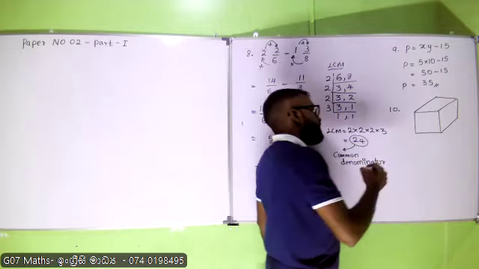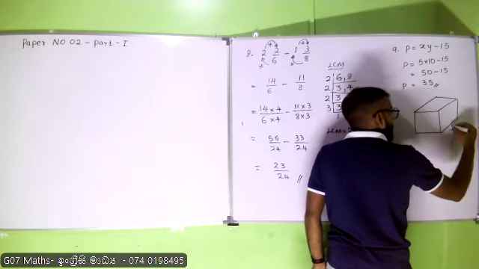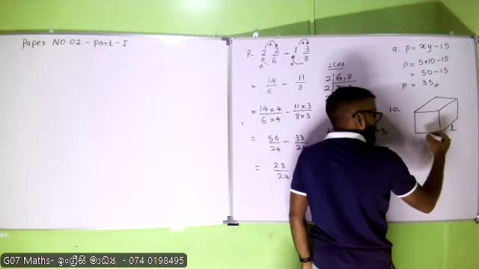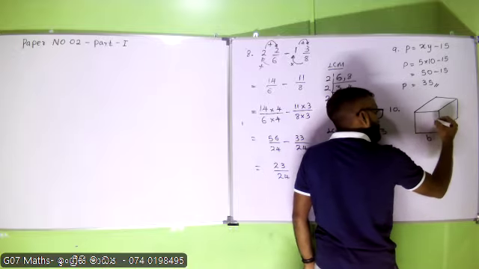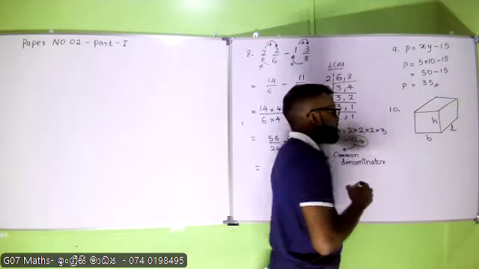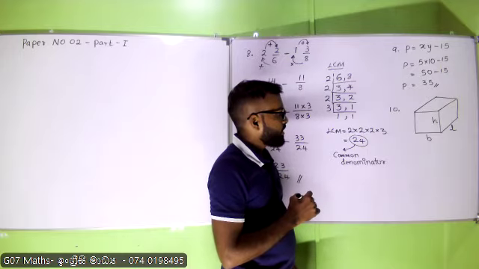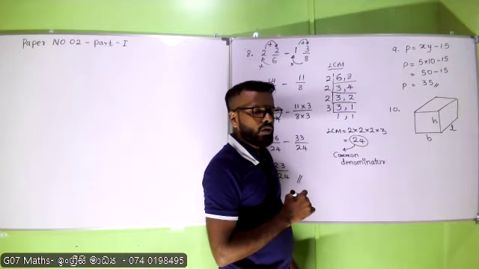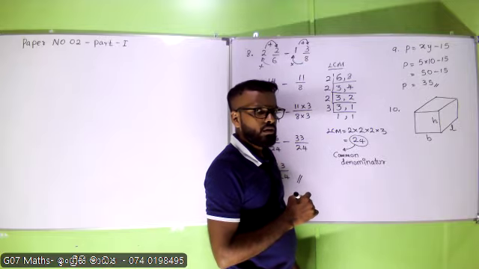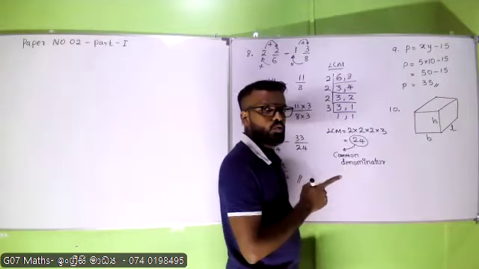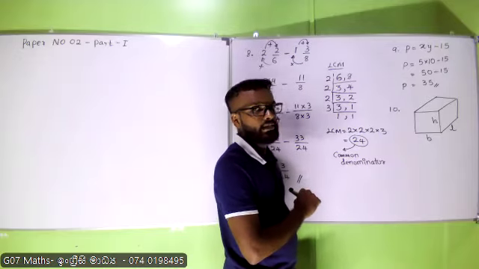If I take this as the length, simply L, this as the breadth, simply B, and this as the height, simply H. How are we going to write down the volume of the cuboid? Length into breadth into height.